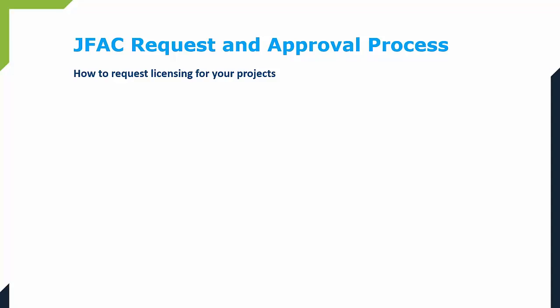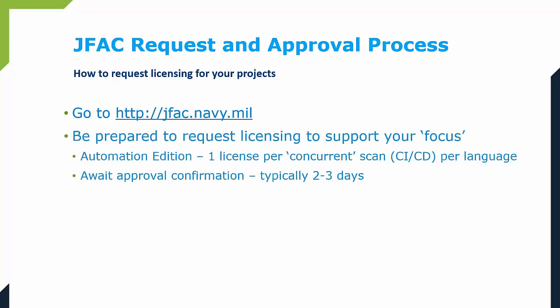Okay, so how do you get access to this? Requesting licensing for your projects, and this is the important stuff. Again, http jfac.navy.mil. You go there and you'll find all the information regarding Parasoft, and the processes you need to go through, a couple of hoops in terms of what you request.